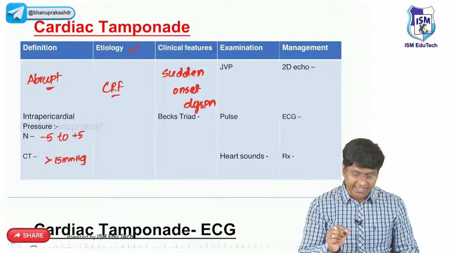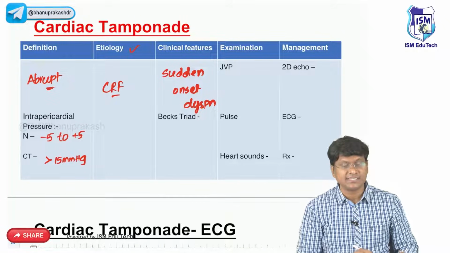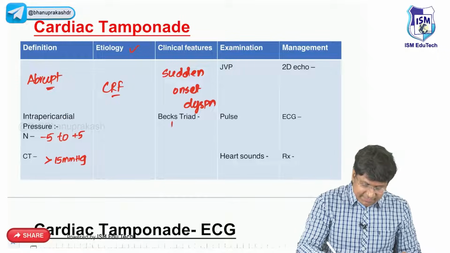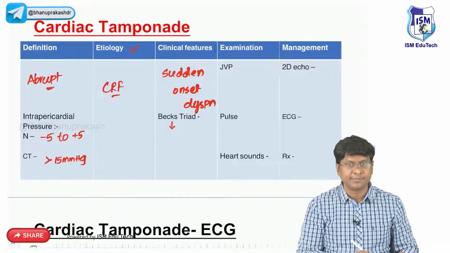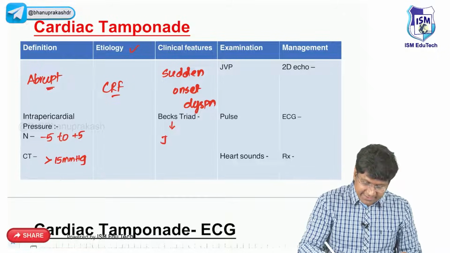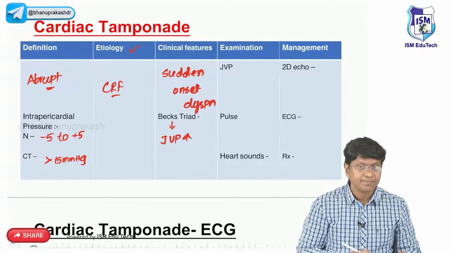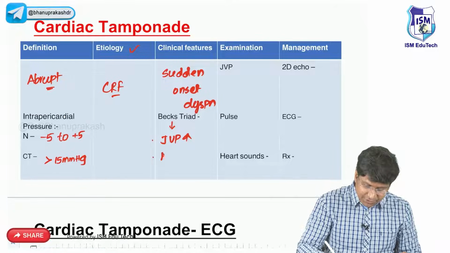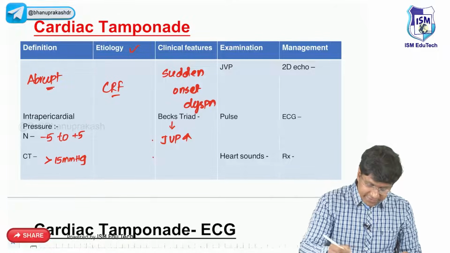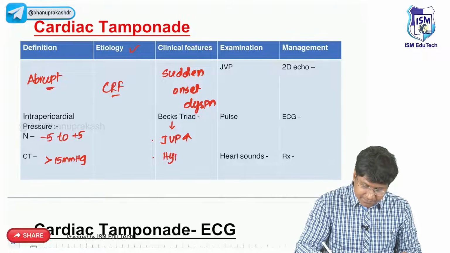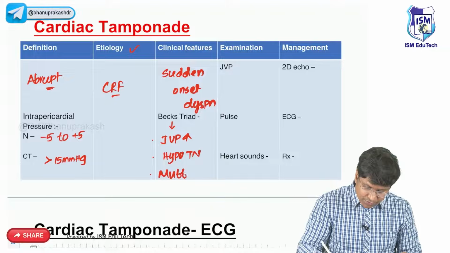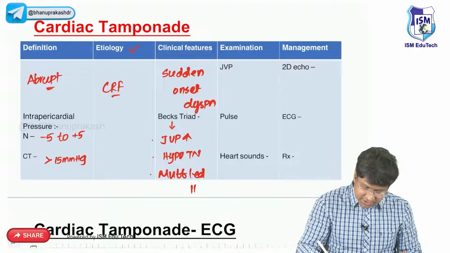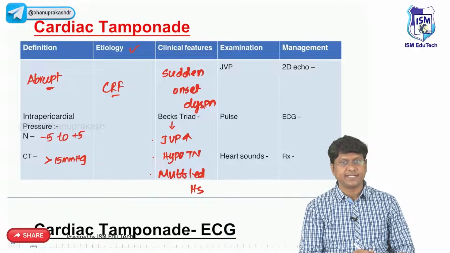Now you take this characteristic triad called Beck's triad. In cardiac tamponade, number one, there will be raised JVP. Number two, there will be hypotension, and number three, muffled heart sounds. This is Beck's triad in cardiac tamponade.